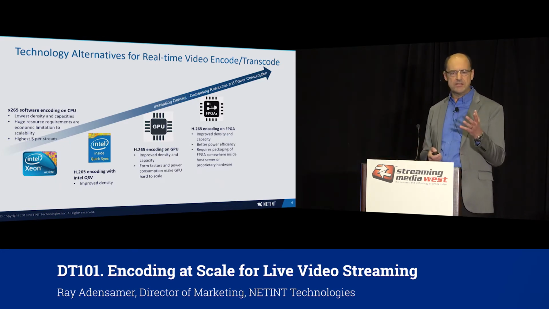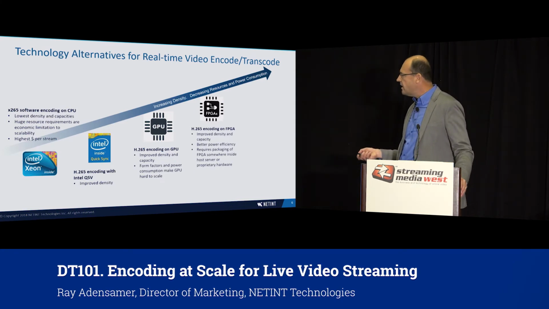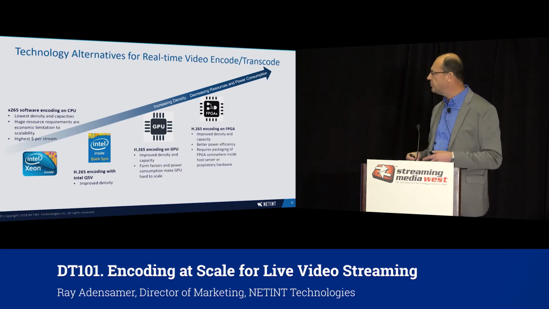They use very specialized software called RTL that runs on those things. You're going to get very high densities and capacities. The power efficiency starts to get a little bit better, but you do need to package that FPGA somewhere in the network, whether it's in the computer or in purpose-built hardware. So your flexibility is starting to go down a little bit.